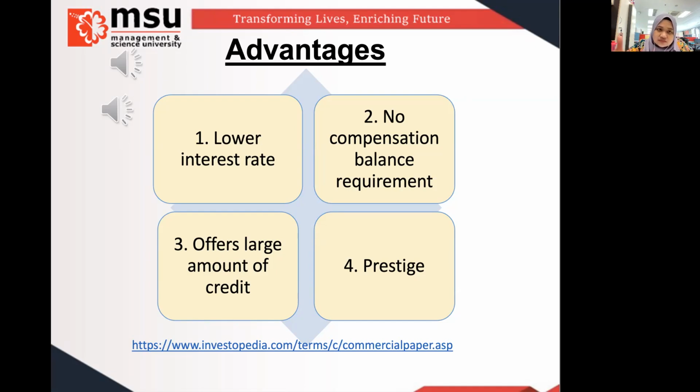Offering a large amount of credit means that it depends on how reputable you are. The more prestigious your company, the more investors want to invest in it. Whenever you are able to build a good perspective on your business, you will attract a lot of investors.